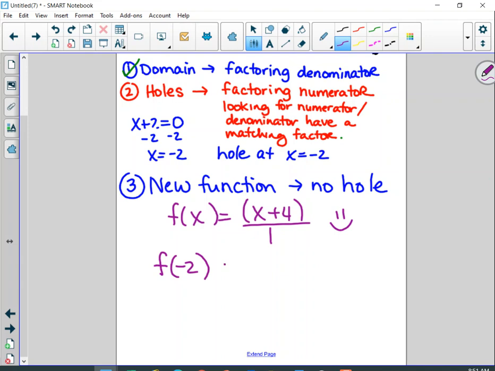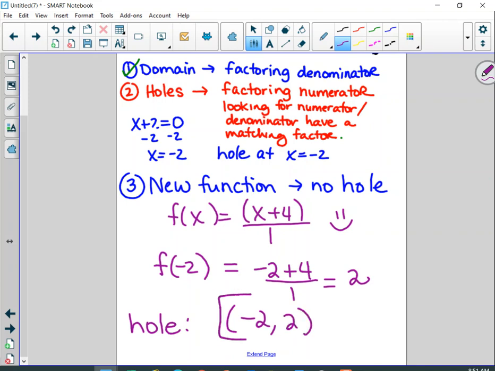In this new function, f of negative 2, if I plug negative 2 into the function, I would get 2. So that tells me two pieces of information about the hole that I need: the x of the hole is negative 2, and the y of the hole is 2.